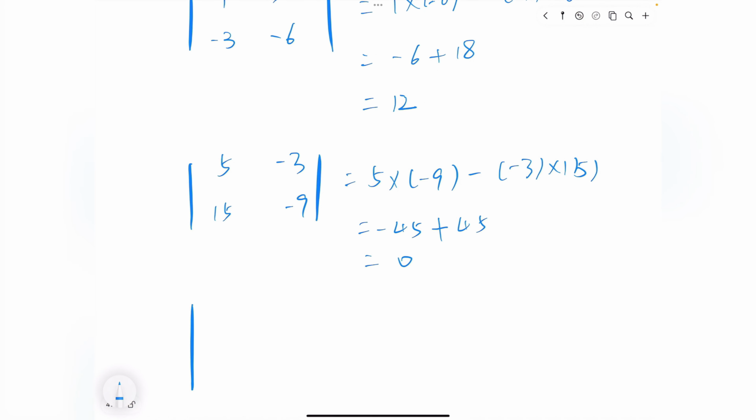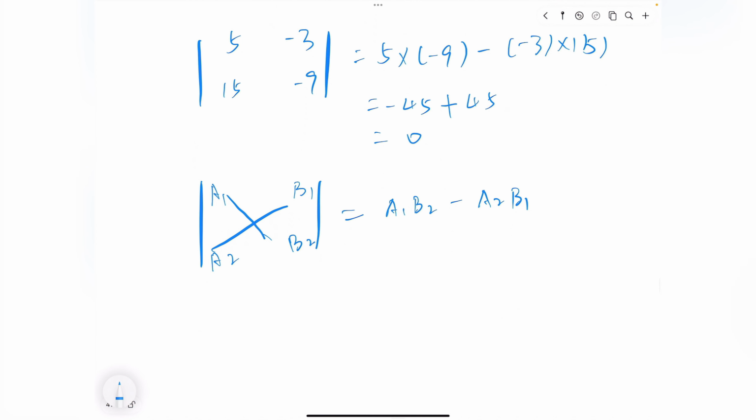This is how we do the cross products and then subtraction: a1, b1, a2, b2 equals a1 b2 minus a2 b1. This is how we solve linear equations.